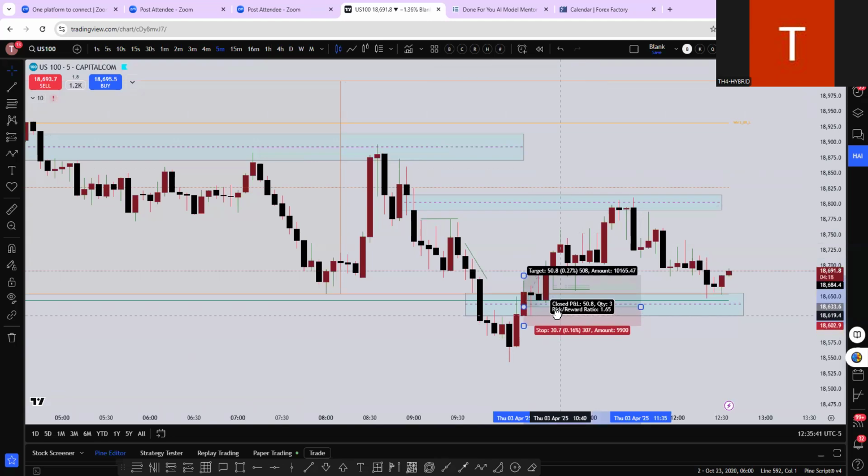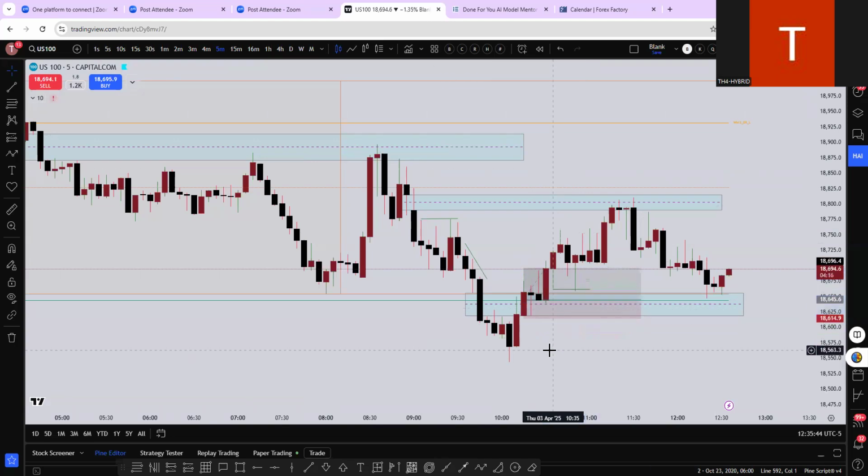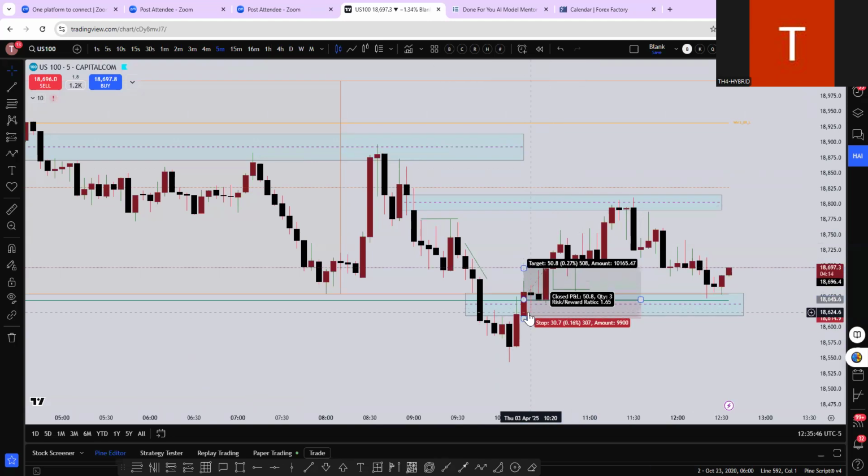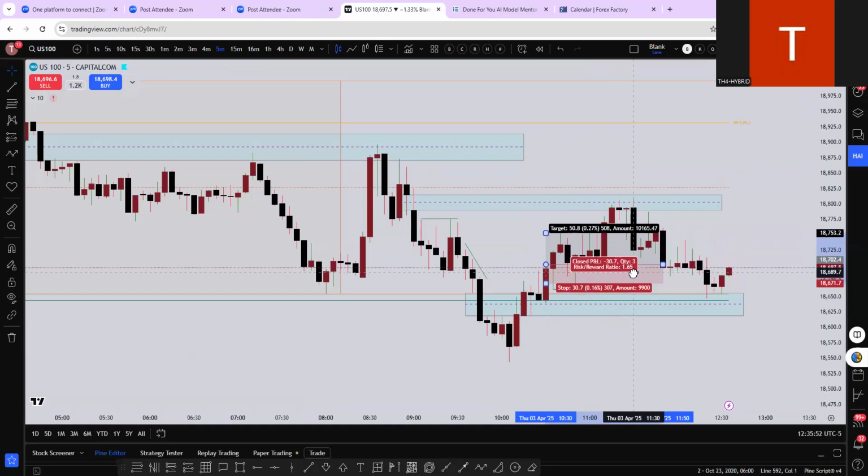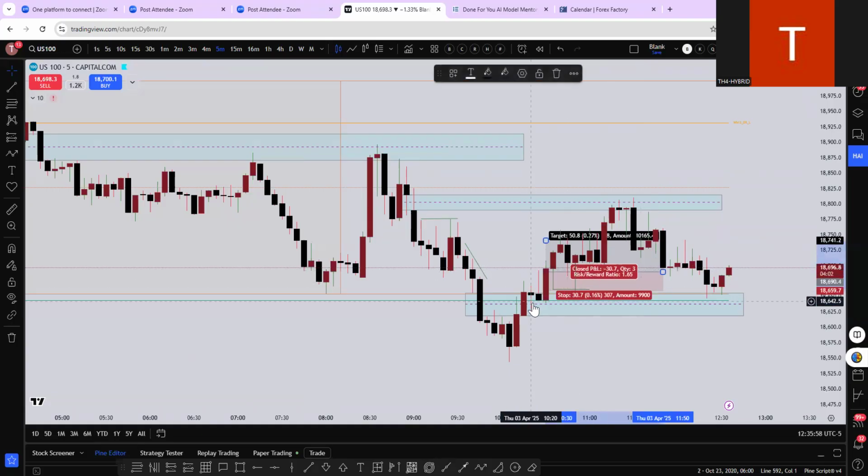So if you're chasing a trade and you enter here, you've got a set stop loss that could possibly come and get you. Taking the trades anywhere around here, it doesn't matter where you take the trade, your stop loss is set, but your stop loss may be in an area where it's acceptable to be taken.